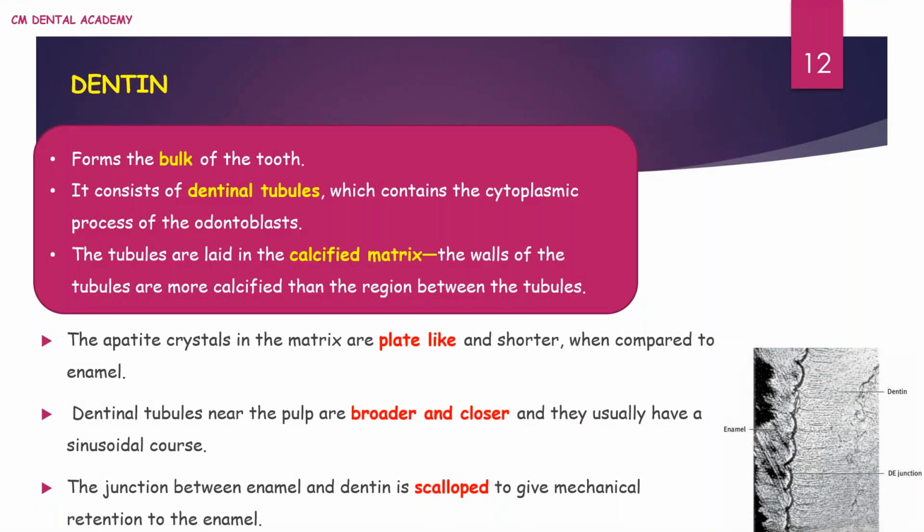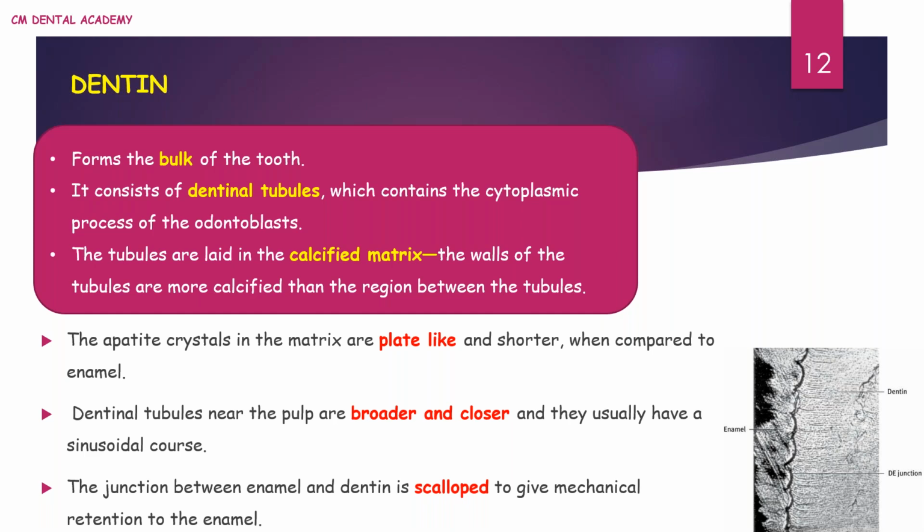After the layer of enamel, there is a layer of dentine. It forms the bulk of the tooth. It is mainly formed of dentinal tubules, just as enamel is formed of enamel rods. Dentine has dentinal tubules. It also contains the cytoplasmic processes of the odontoblasts. Dentinal tubules are nothing but the cytoplasmic processes of dentine forming cells. Those are the odontoblasts. These are laid in the calcified matrix.